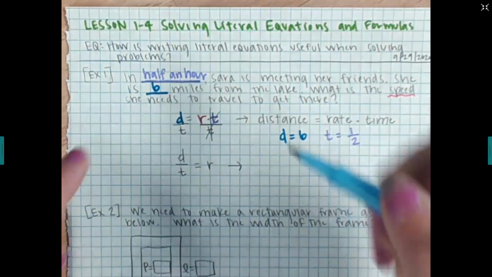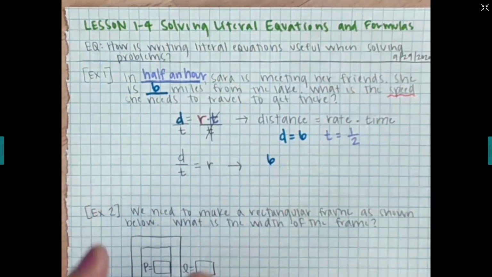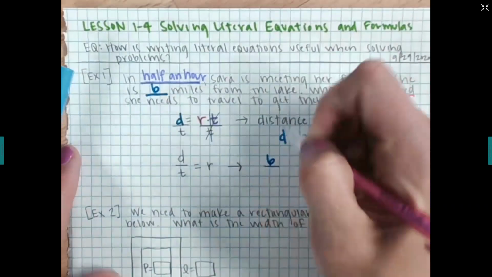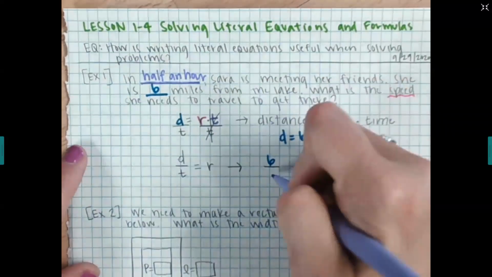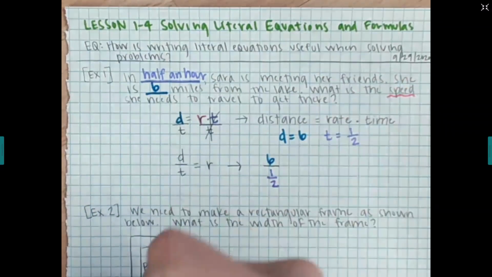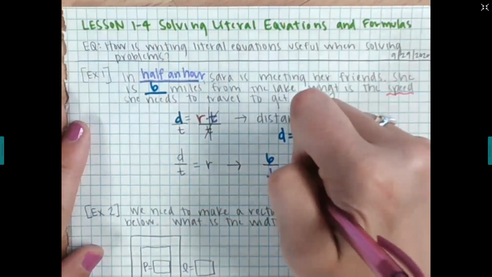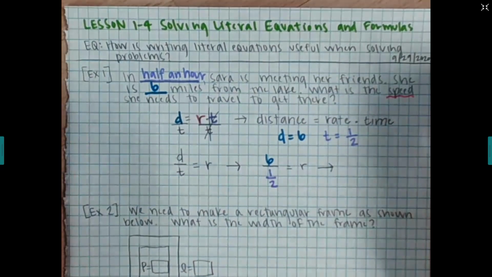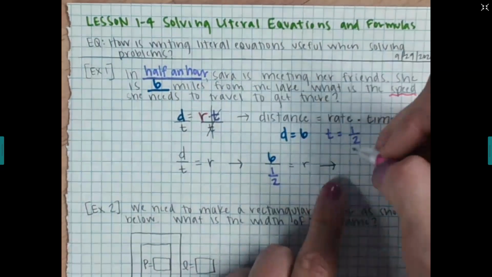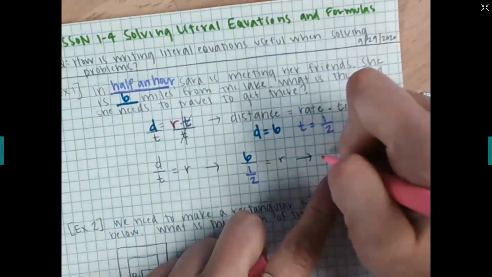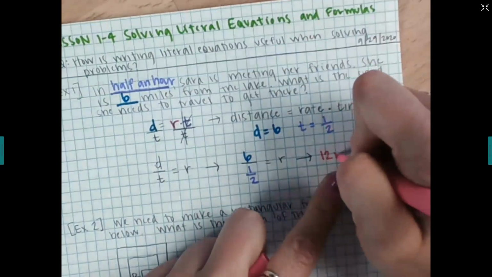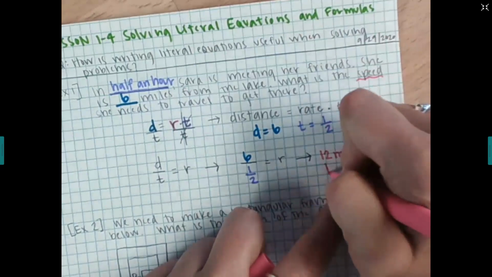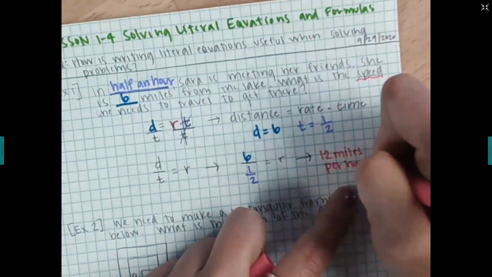So we're going to do 6 divided by 1/2 equals r. And when we plug that into our calculator, 6 divided by 1/2 is 12 miles per hour.